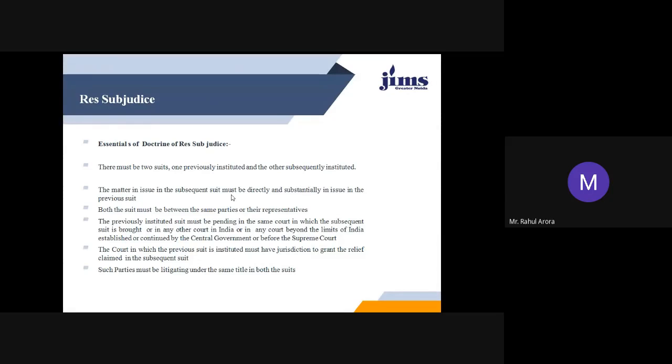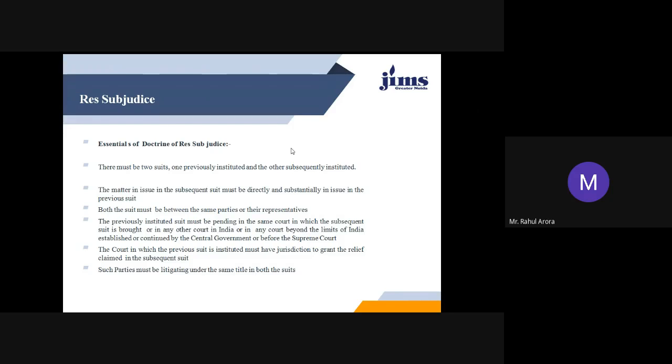The essentials of doctrine of res subjudice are: there must be two suits, one previously instituted and the other subsequently instituted.